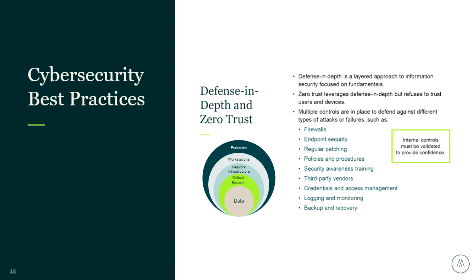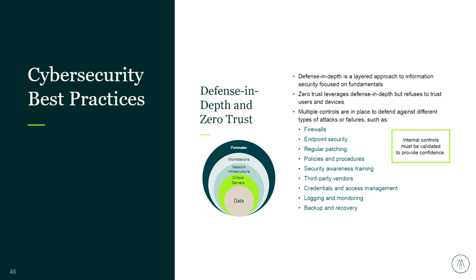So, some cybersecurity best practices. That circular graph really shows the different layers that you need in place to really protect the data that's at the core center. So you've got your perimeter, your workstations, your network infrastructure, your critical servers, and then your data. Defense in depth is a layered approach to information security focused on fundamentals.